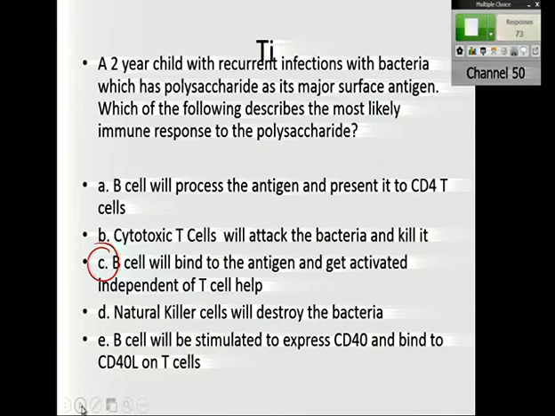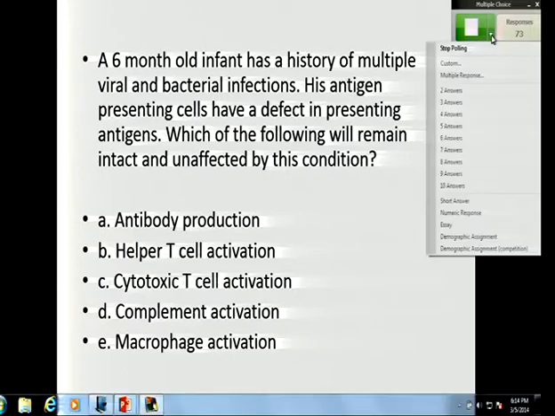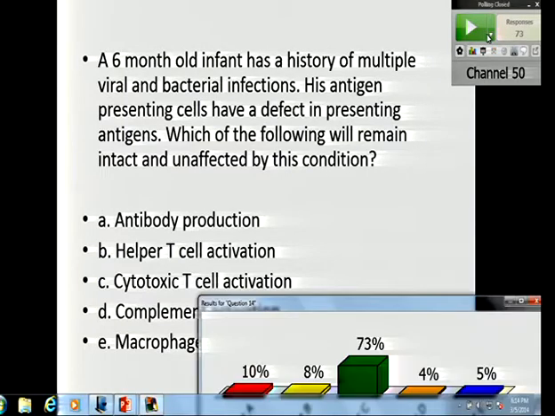Is there any confusion in this? Just give me a second.